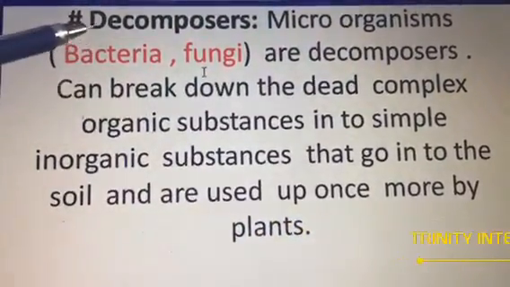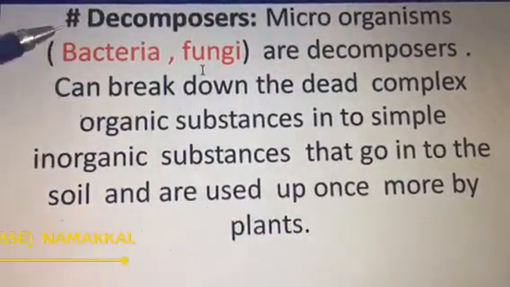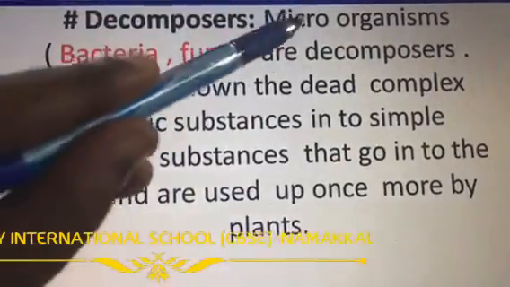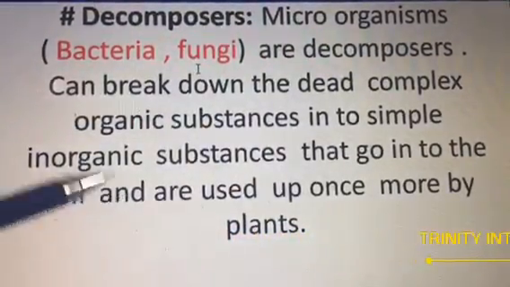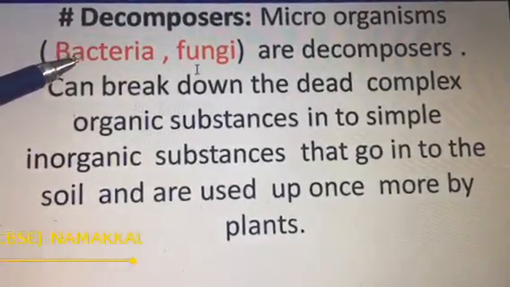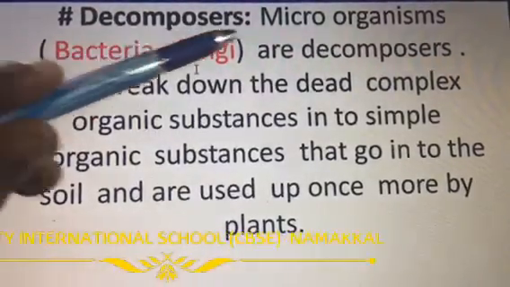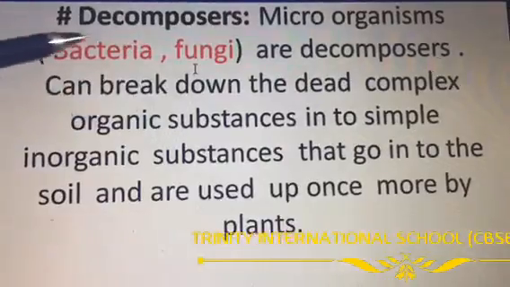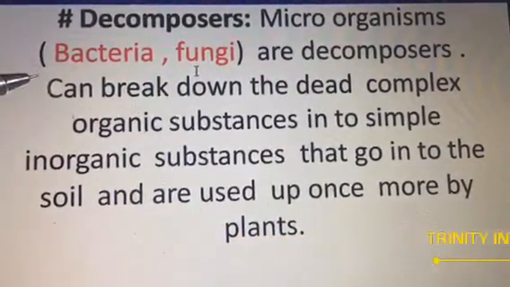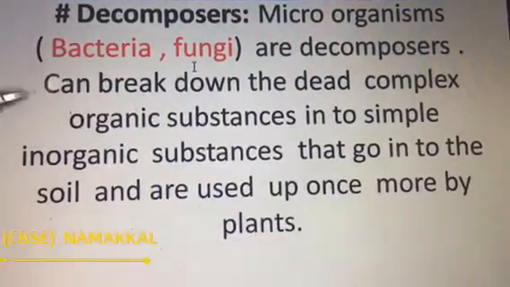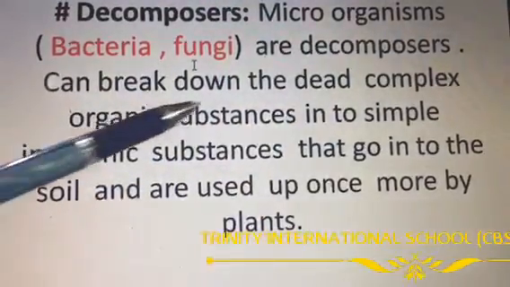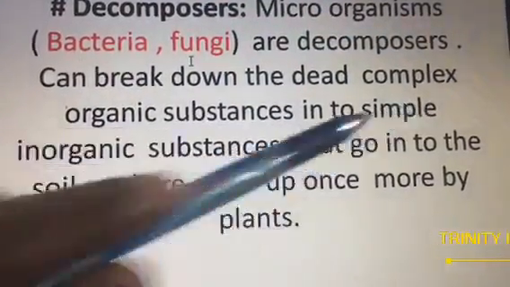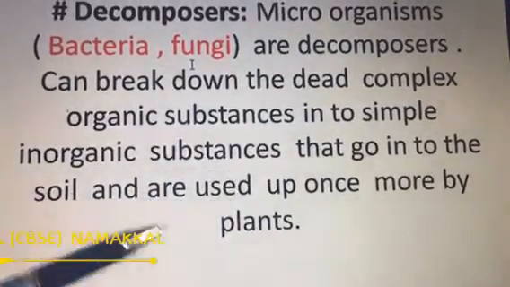The next type is decomposers. Microorganisms are decomposers, for example bacteria and fungi. Why are these called decomposers? These decomposers can break down dead complex organic substances into simpler inorganic substances.